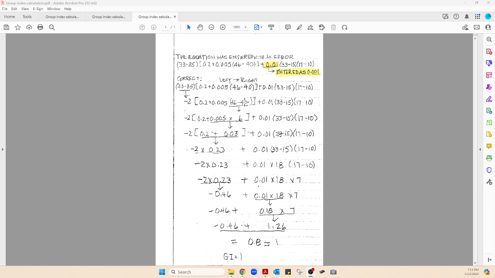The 40 will always be 40 in all of these problems. The liquid limit, which I know goes right here because it's in the problem, is 46. So this is in parentheses, as you can see.